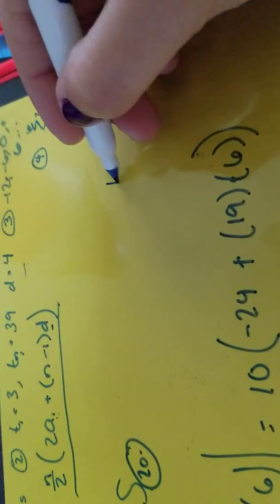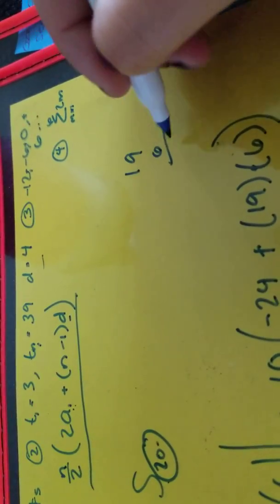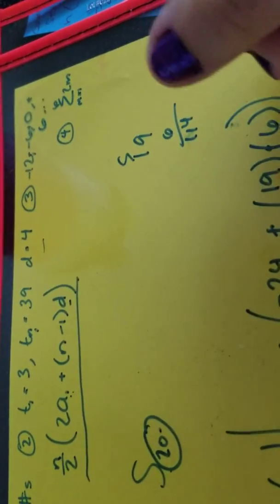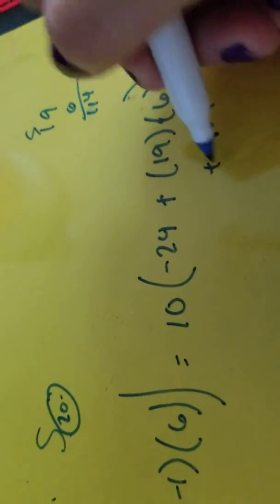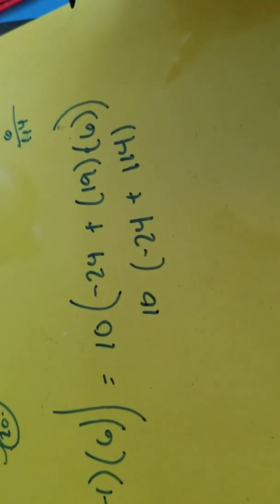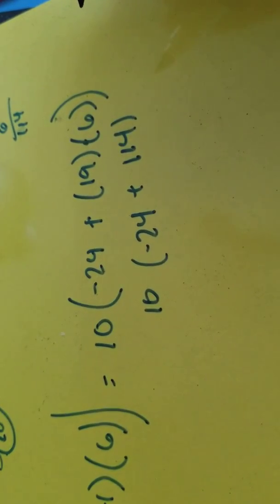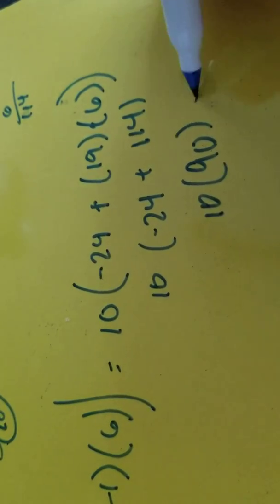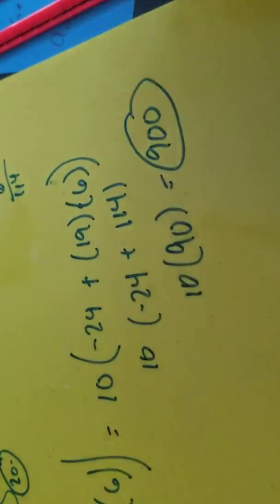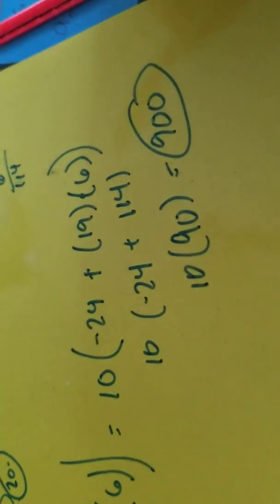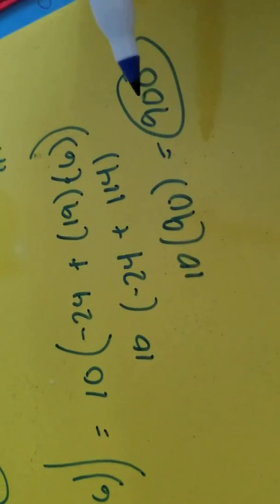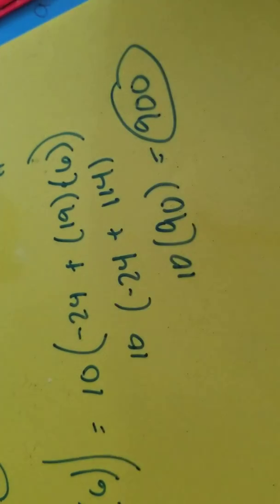So 19 times 6. And that'll be it. So 19 times 6 is 114. 114 plus negative 24. So basically I'm taking away 24. Gives me 90. And then 90 times 10 is 900.